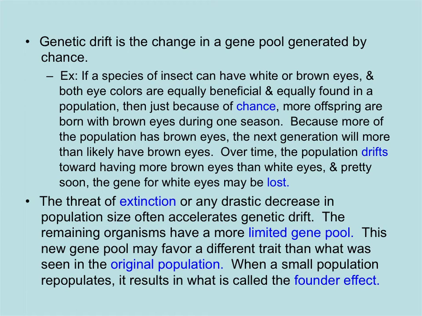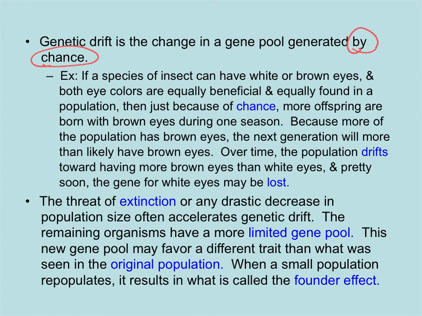So genetic drift is the change in a gene pool by chance. This is totally by chance. So the example we're giving: if you have a species of insect, and they can have either white or brown eyes, and there's no benefit to either color, neither one is better than the other, and they're found equally, then just because of chance, you might have more with brown eyes one year.